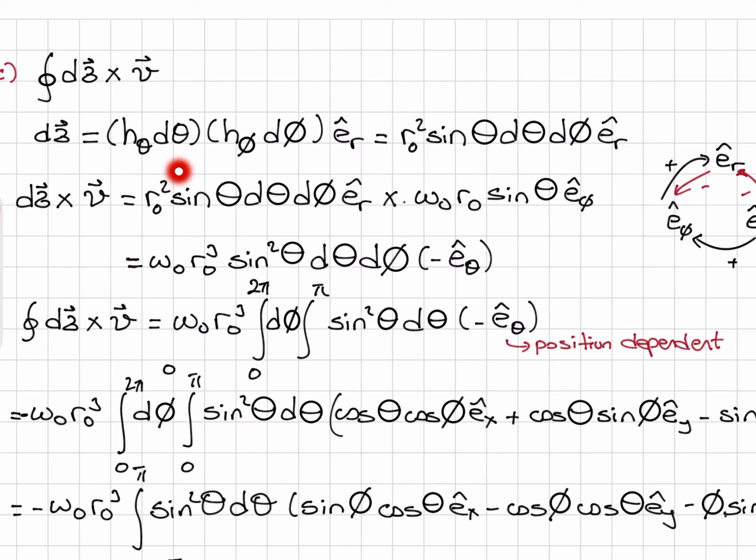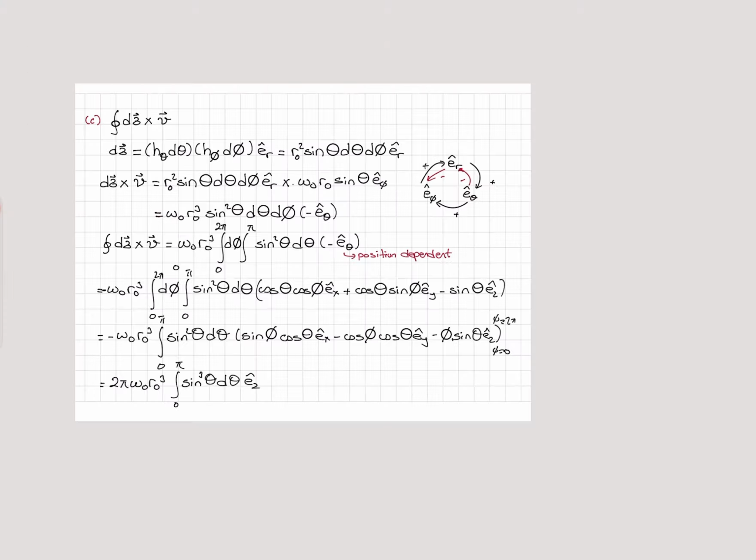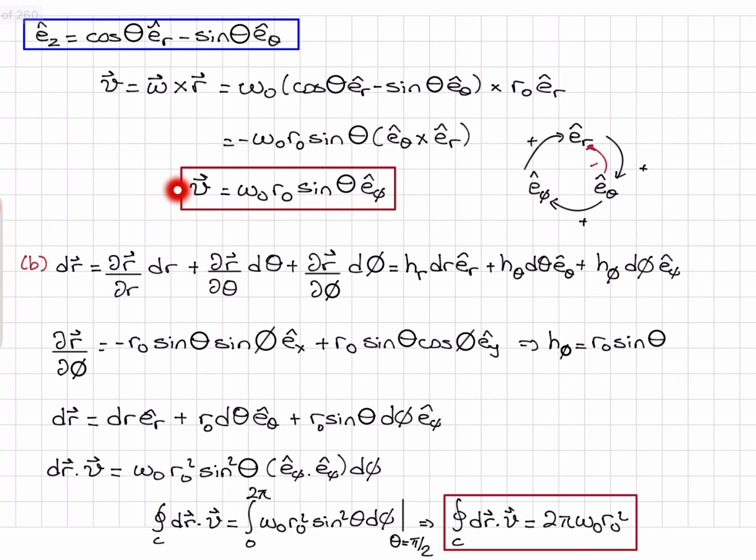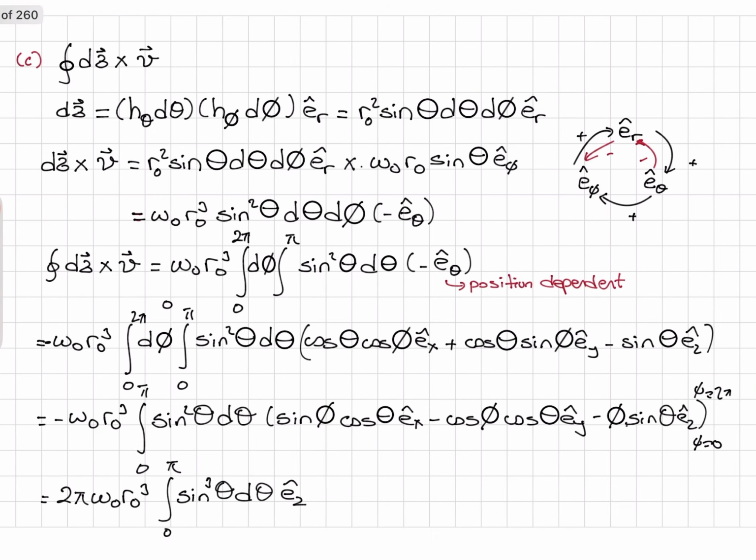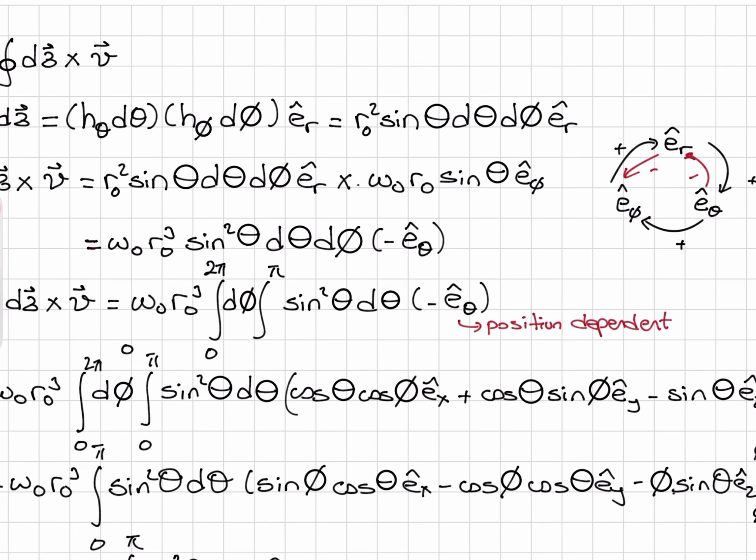And substituting the scale factors, we find r0 squared sine theta, d theta d phi er hat. And we have calculated the velocity vector v in part A, so we substitute that here. And when we take the cross product, er hat cross with e phi hat, that gives us minus e theta hat. This is in the counterclockwise direction, which is negative.